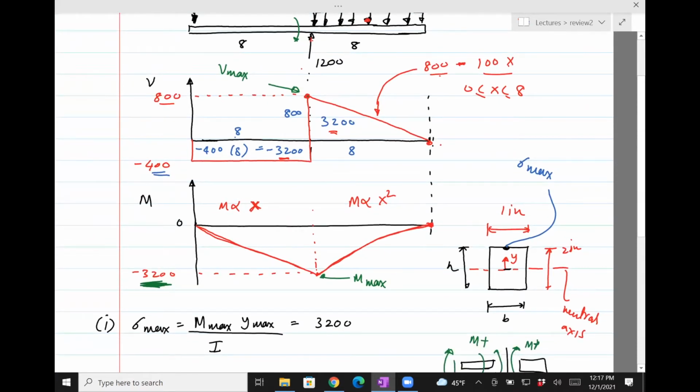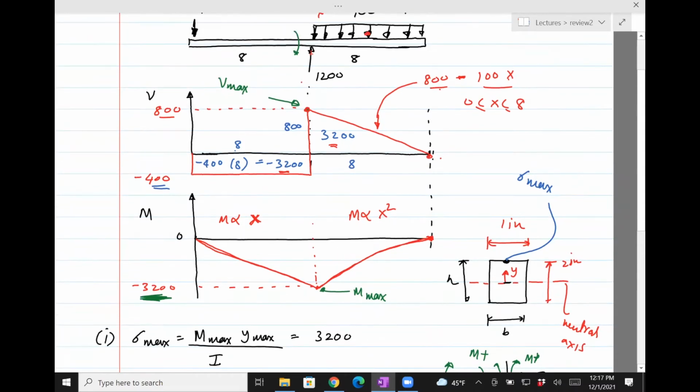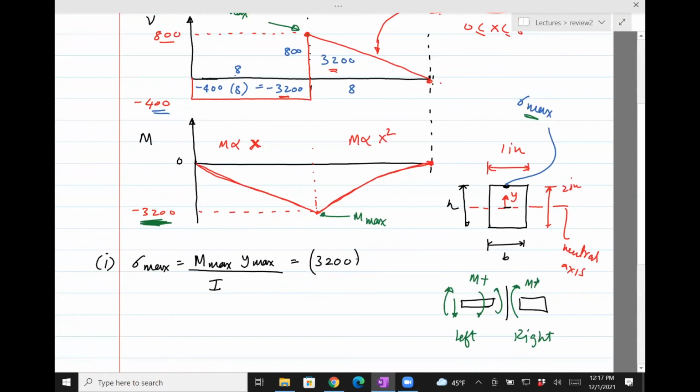And so if this is acting that way in the direction I showed, then the top part is going to be under tension, right? So this is right. That's correct. 3,200 times 2 divided by 2, divided by 1 divided by 12. It's B times H cube.